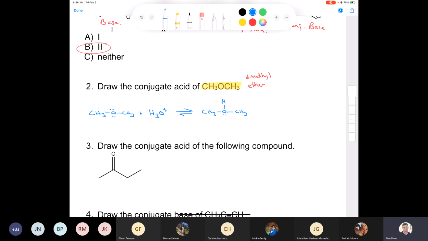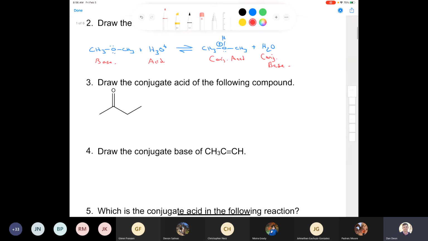I'll just draw it a little bit differently this time, and you're going to be left over with water. So again, this is our acid. The dimethyl ether is behaving as a base. This is our conjugate acid, which is what we wanted, and then water is our conjugate base.